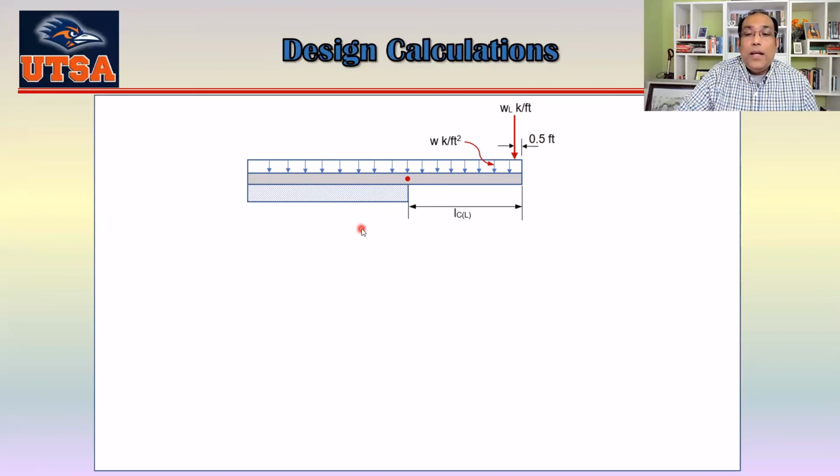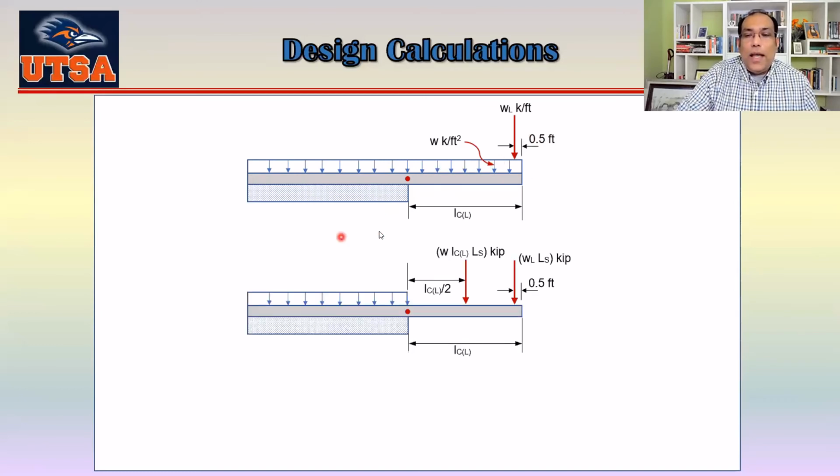Now I'm going to change that distributed load and this load here. If you think about this slab in the other direction, because this is the longer direction, this one is 41 feet, right? Which is LS, 41 feet in that direction.